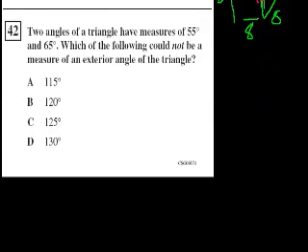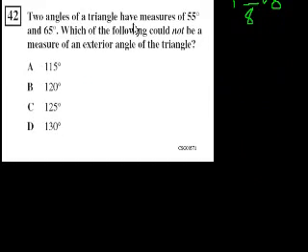Problem 42. 2 angles of a triangle have measures of 55 and 65. Which of the following could not be a measure of an exterior angle of the triangle? So I think this is a good time to introduce what an exterior angle even is. If I draw any polygon, and I'll draw a triangle since that's what this question's about, let's say that that's my triangle.